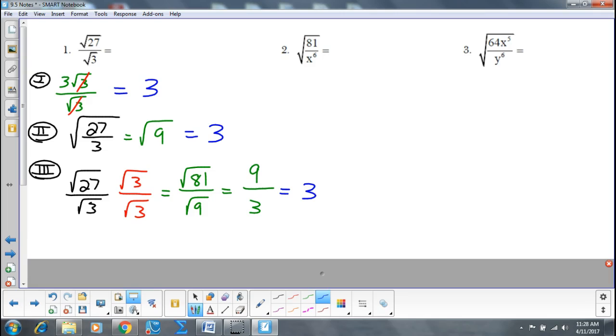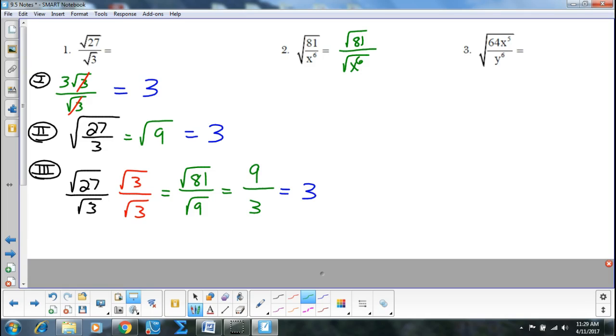Number 2. Which method, 1, 2, or 3, do you think would be the easiest? Claire? 2, right? Because we could make this become the square root of 81 over the square root of x to the 6th.